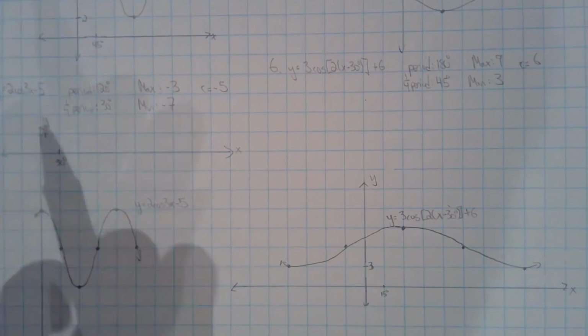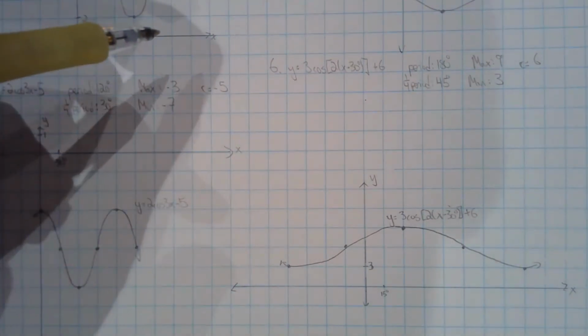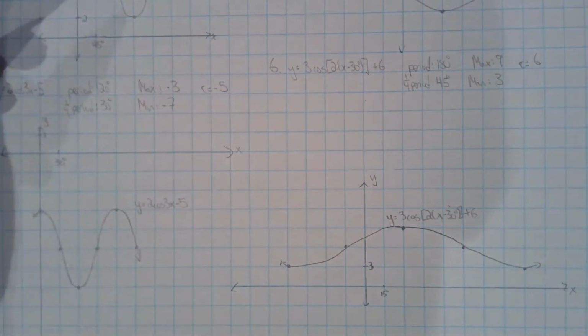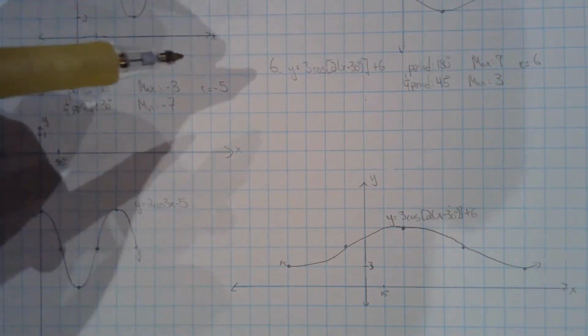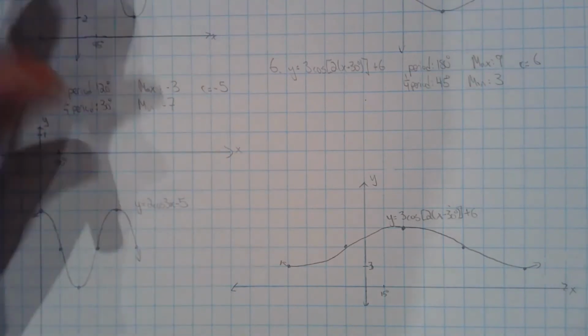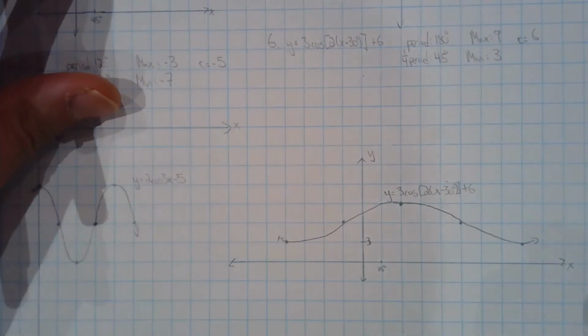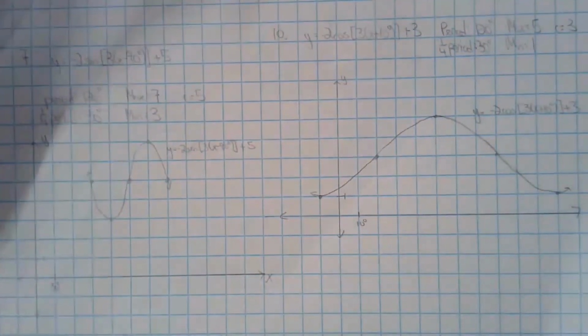You'll see that the greatest common factor between the quarter period and the horizontal shift is 15. All right, so there we go. Not much to say. Question 7. Nothing special.